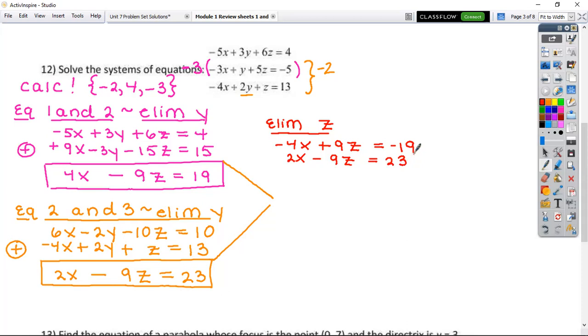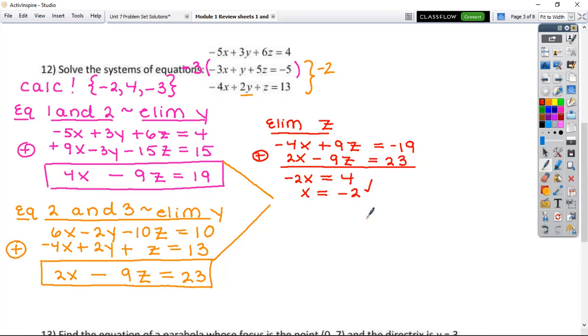Typically, students make less mistakes when you're doing the addition versus the subtraction. So I don't think that adds too much work to do that. I am left with a -2x equal to 4. So x is equal to -2. Does that check? It does.